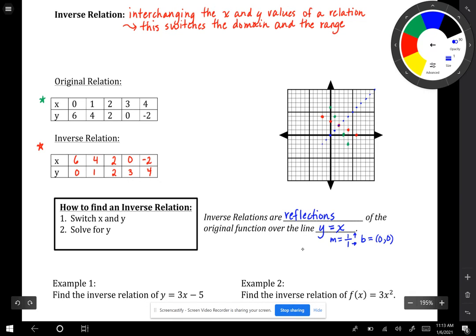You don't need to make all the dots, but if you're like me and you're very particular about your graph, you probably will end up making it. I am going to connect these just because then you can actually see the reflection. Notice those are a reflection over that line y equals x.